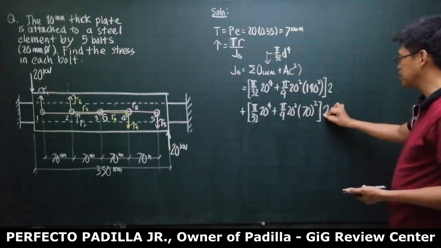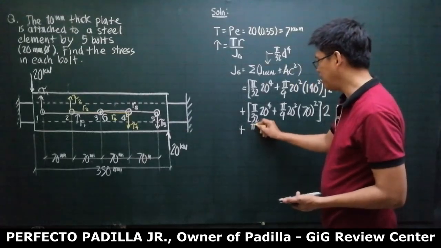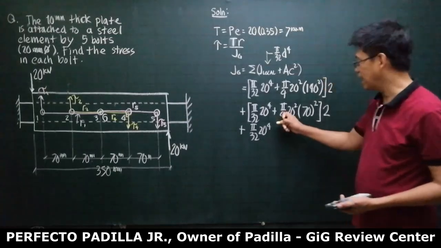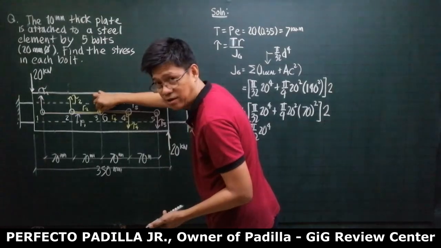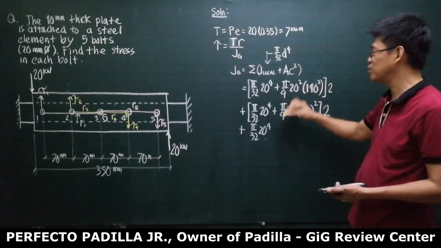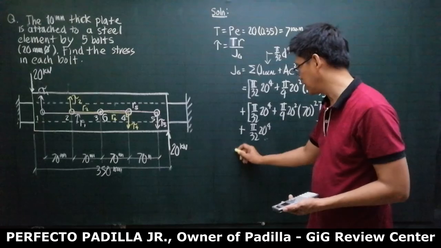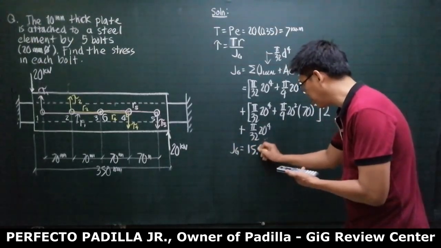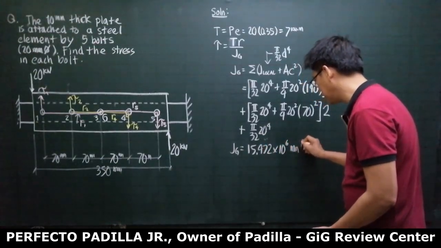So we just multiply this by 2. Lastly, bolt 3. Pi over 32, 20 to the fourth, plus area distance squared. The transfer distance from local to global is 0. So no need to transfer. So this one has no area distance squared because its transfer distance is 0. So computing all of this, you'll get here, J global is going to be 15.472 times 10 to the 6 millimeters to the fourth.